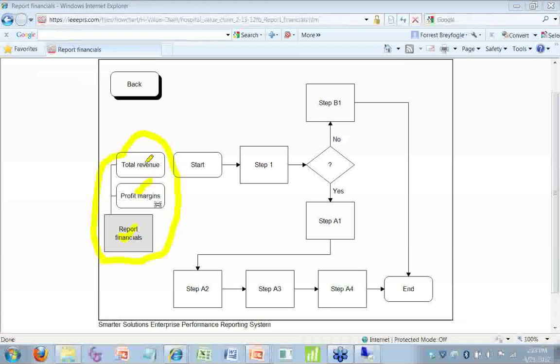These other boxes that I'm showing here represent the satellite level metrics as a result of reporting the financials. To the right, this is what we would have as our procedure for reporting the financials.